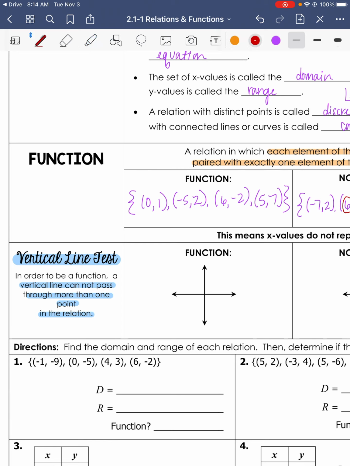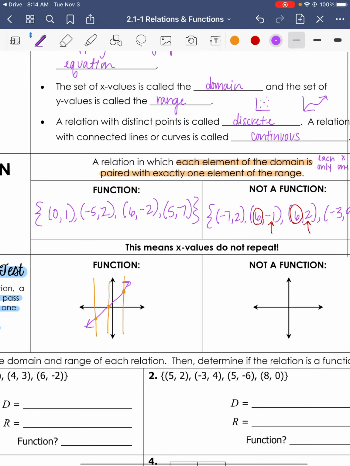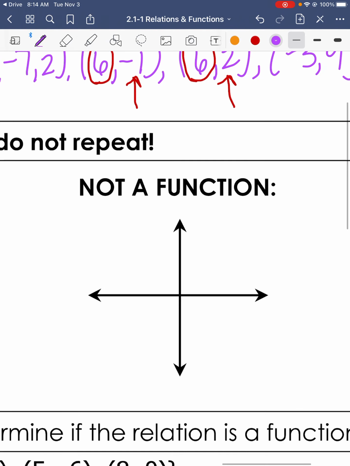So for example, if I draw just like a linear function here, something like this, and we were to do the vertical line test, I would see if I could draw a line. So this only intersects once, this only intersects once, this only intersects once, like the arrow doesn't count. So I'm only crossing the graph at one point each time, and it does have to be a perfectly vertical line. So this would be considered a function because it passes the vertical line test.